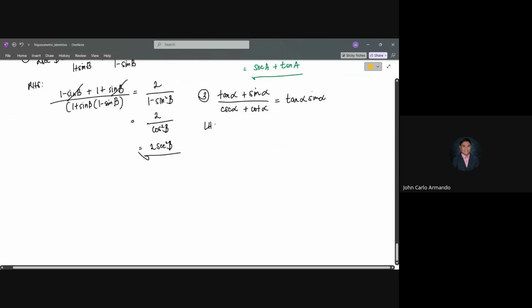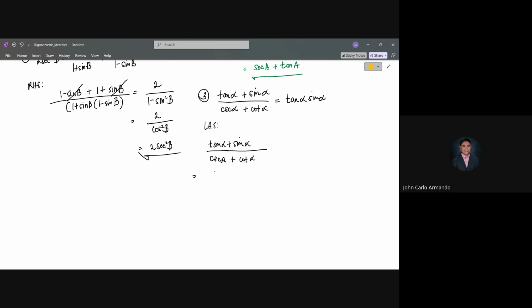So we go now for the left hand side. So that's tan alpha plus sine alpha divided by cosecant alpha plus cotangent alpha. Okay, we just use the quotient identity for tangent.